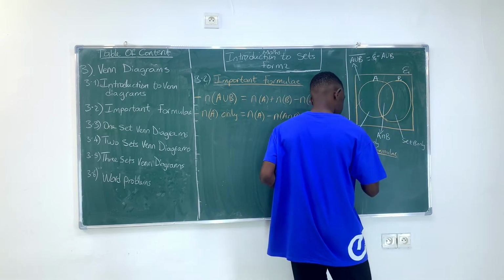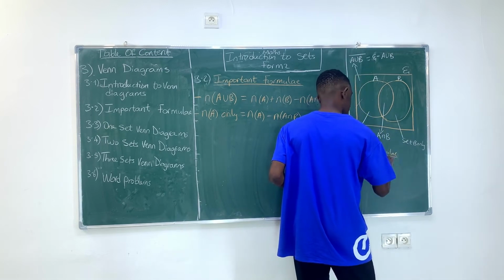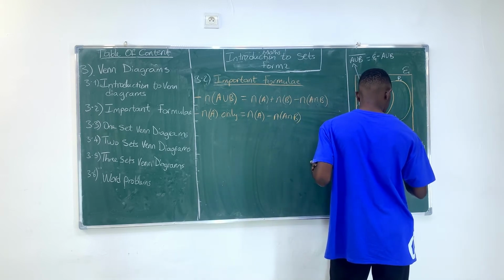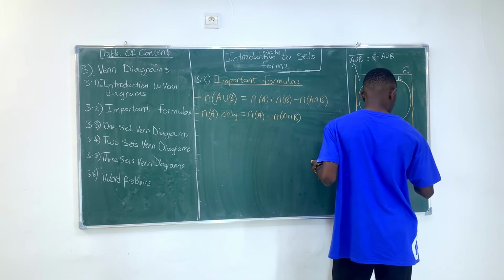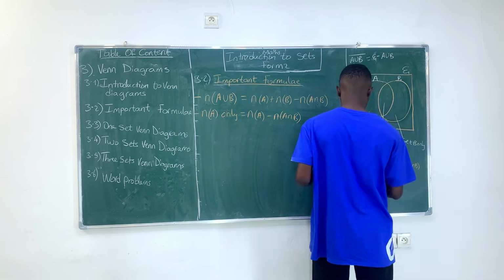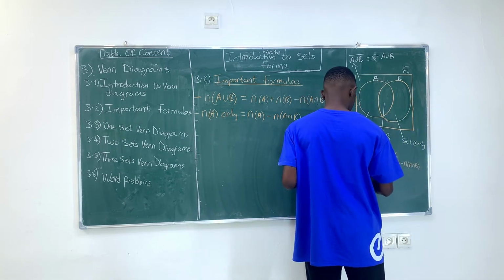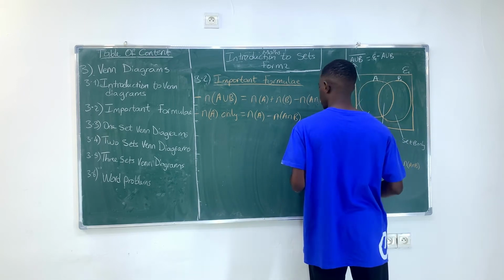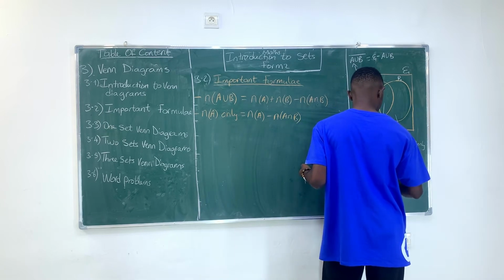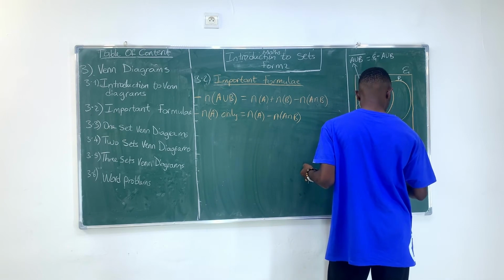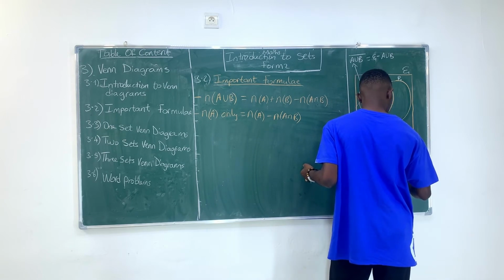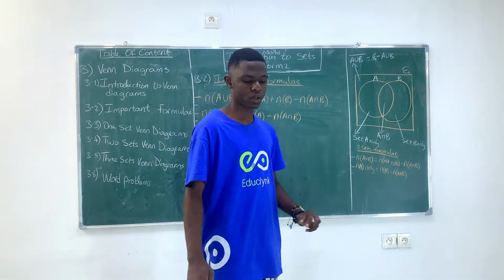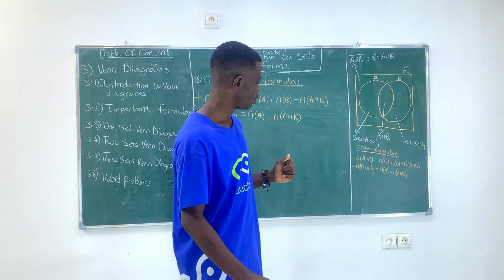I have n of A union B equal to n of A plus n of B minus n of A intersection B. Now I have n of A only equal to n of A minus n of A intersection B. We're going to see how these formulas work when we start solving.